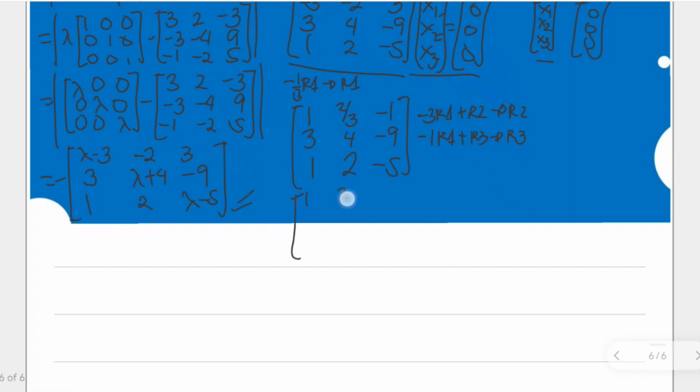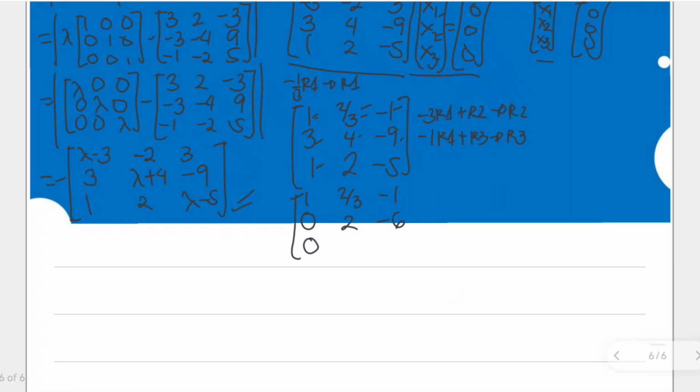So this is 1, 2/3, negative 1. Negative 3 times 1 is negative 3 plus 3, 0. Negative 3 times 2/3 is negative 2 plus 4, you have positive 2. Negative 3 times negative 1 is positive 3 plus negative 9 is negative 6. Next row, negative 1 times 1 is negative 1 plus 1, 0.